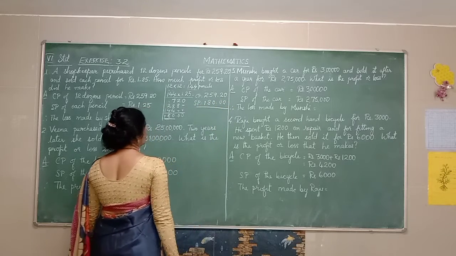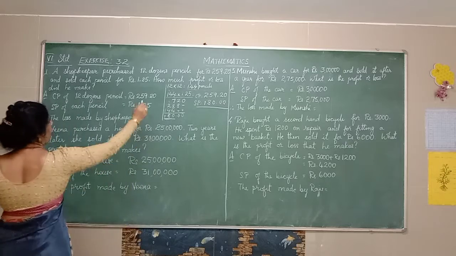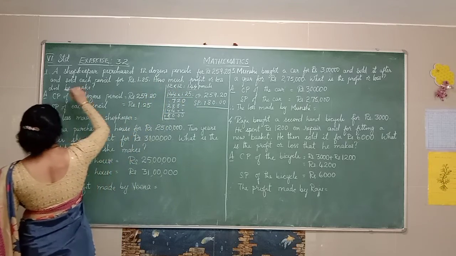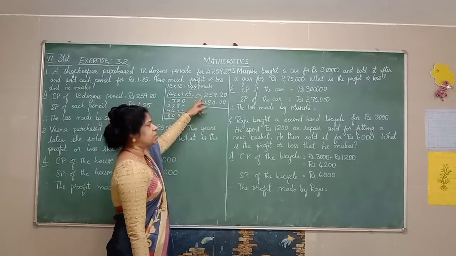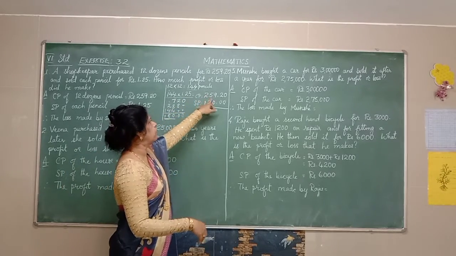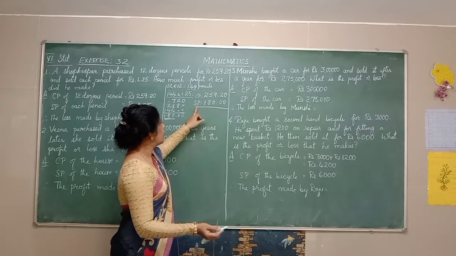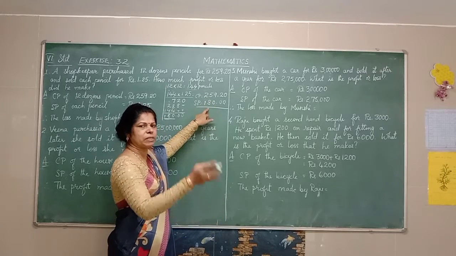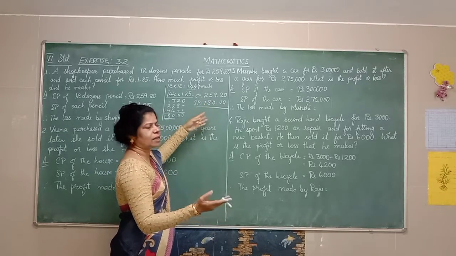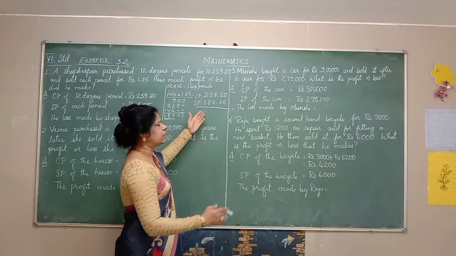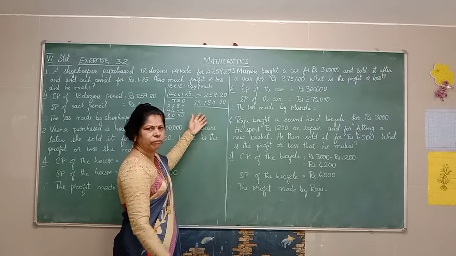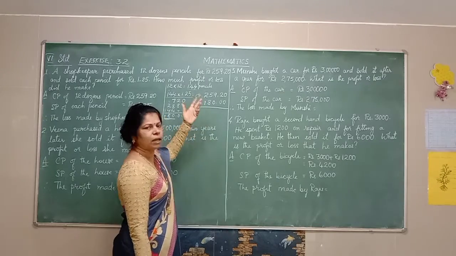So what is the question given here? How much profit or loss did he make? Cost price, that means he has purchased for 259 rupees 20 paise. He has sold it for 180 rupees, which means it is very clear that it is a loss. He has given more money to buy, but he is taking less money when selling, isn't it? So it is a loss only.